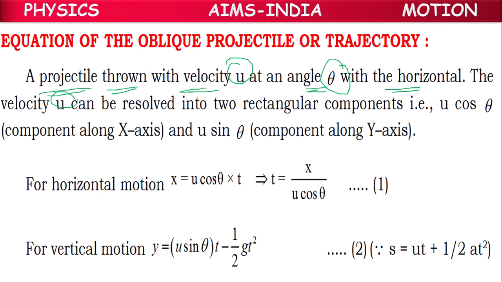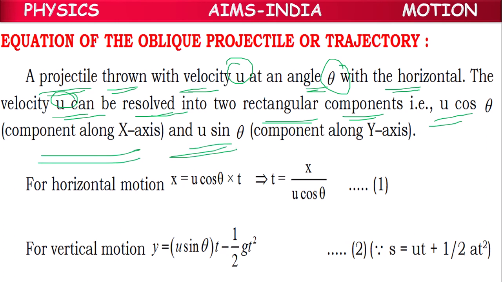The velocity u can be resolved into two rectangular components: u cos theta along the x-axis and u sin theta along the y-axis. The horizontal component is u cos theta and the vertical is u sin theta. You can learn this in the trigonometry topic in maths, children. Here we can directly remember the rectangular components.